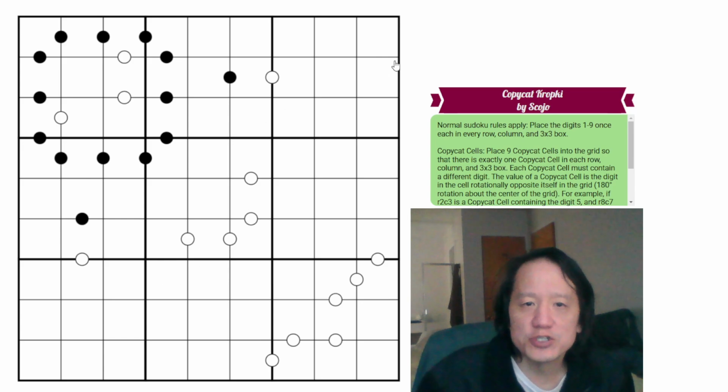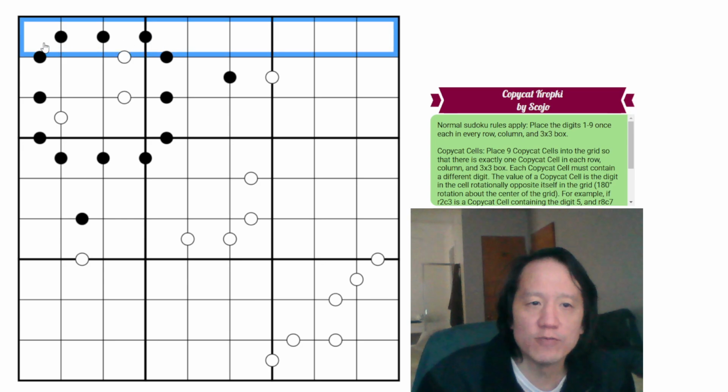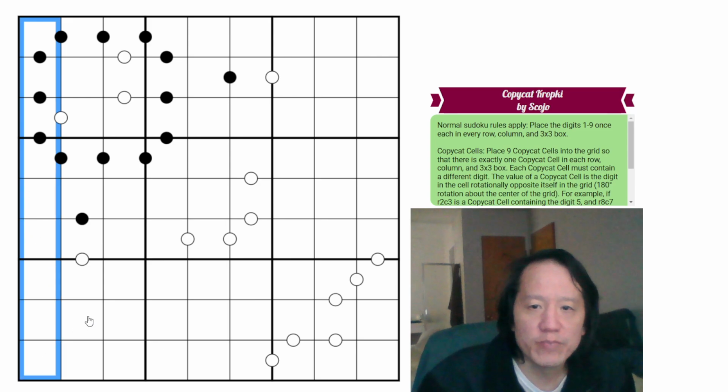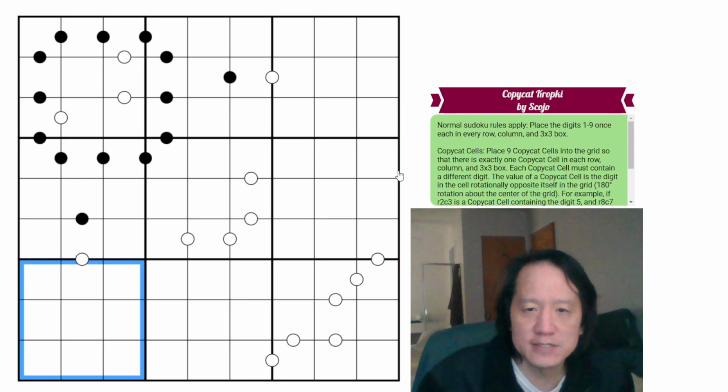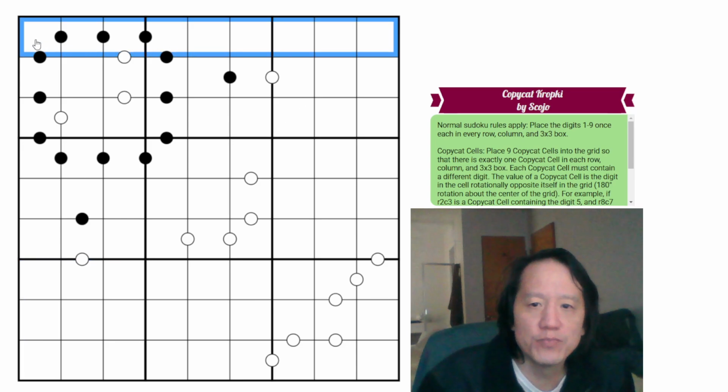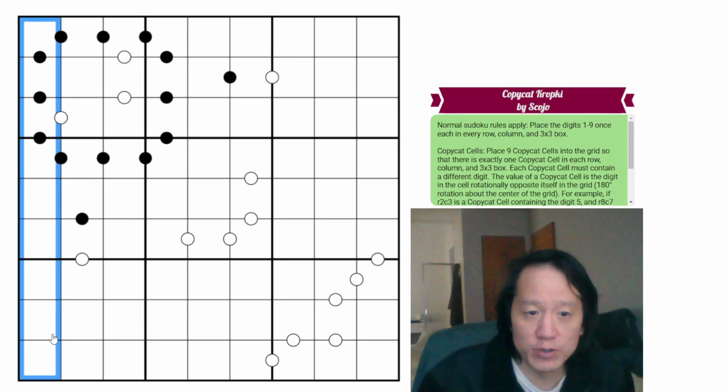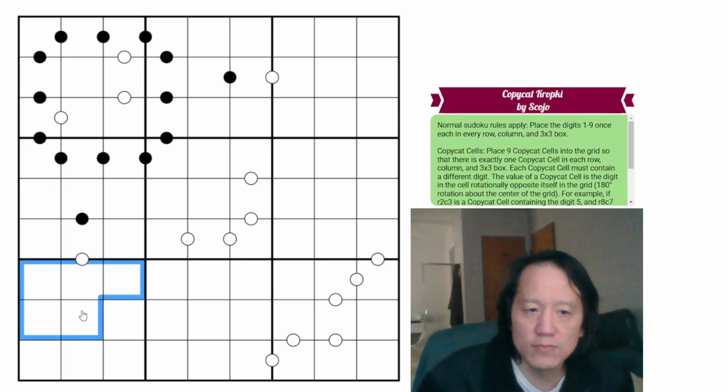Normal Sudoku rules apply, which means place the digits 1 through 9 once each in every row, column, and 3x3 box. Copycat cells. Place 9 copycat cells into the grid so that there is exactly one copycat cell in each row, column, and 3x3 box.